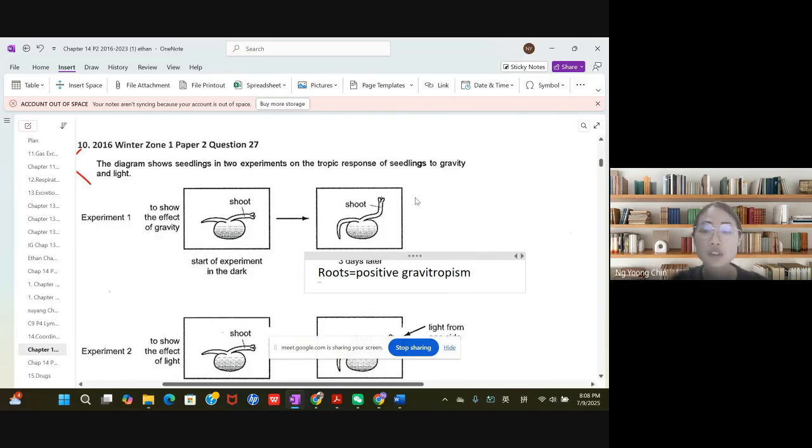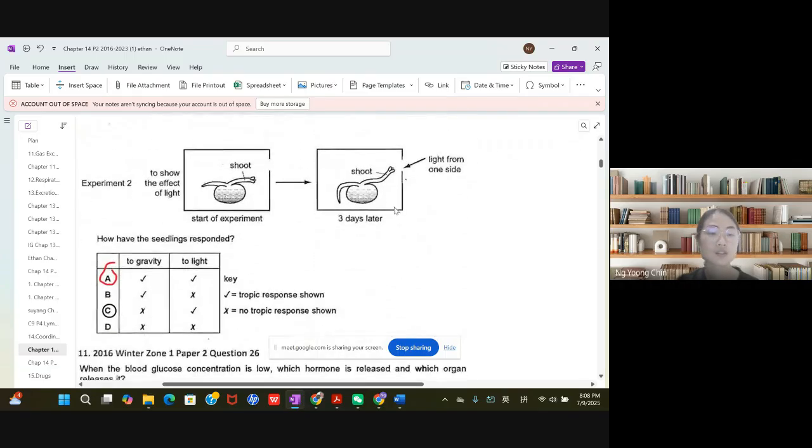Then how about the shoot? The shoot is growing outwards because it shows negative gravitropism. Even though there's no stimulation of light, the shoot will still grow away from the direction of gravity because it shows negative gravitropism. So the answer is A.